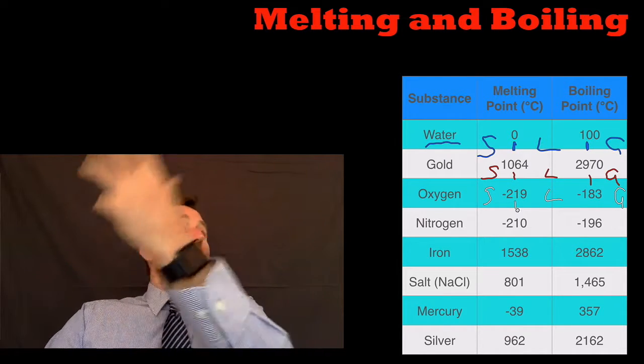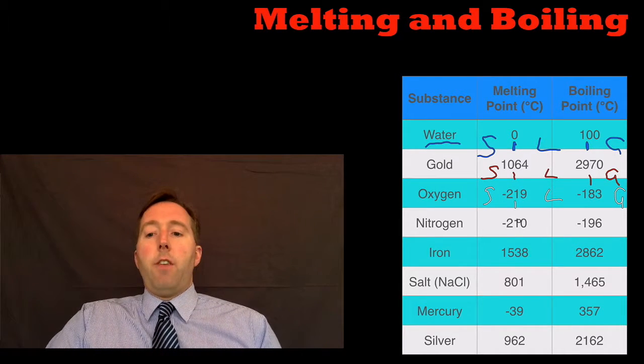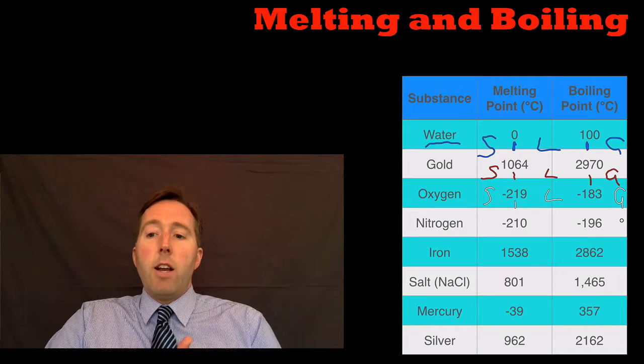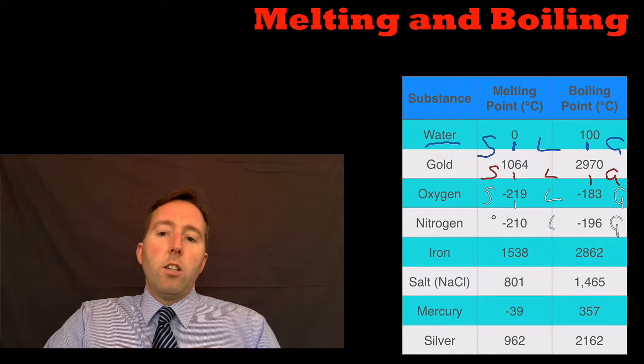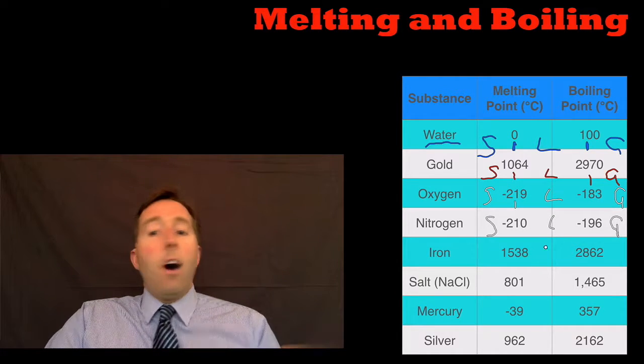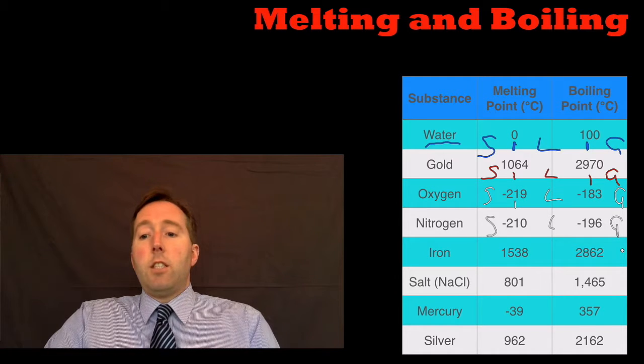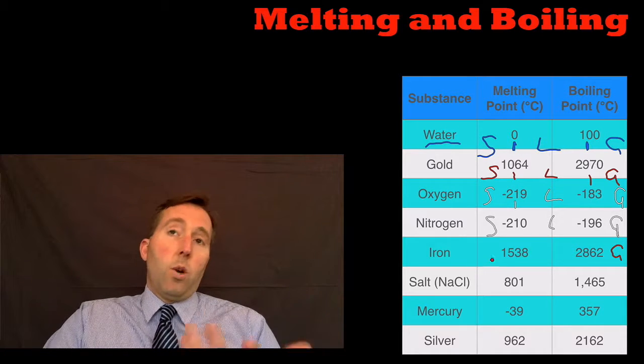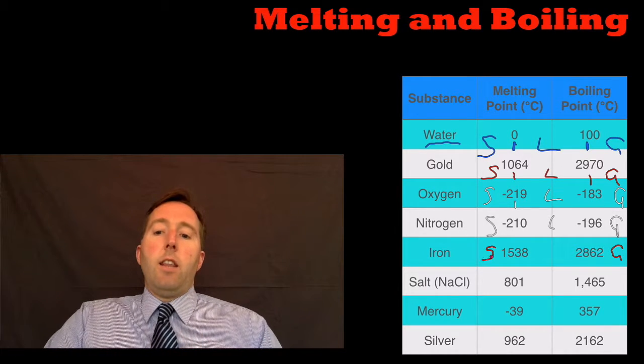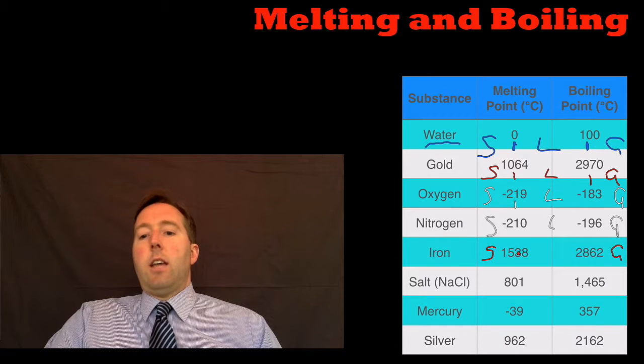Nitrogen makes up a lot of the air we breathe. Again, it's a gas right now. If it gets colder than -196, it turns into a liquid. Colder than -210, it turns into a solid. Iron, if it's hotter than 2,862, iron is a gas. But if iron is 22 degrees, anything colder than 1538, it's a solid.